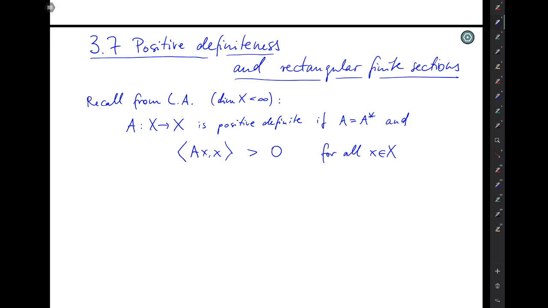The only exception is, of course, the vector x equals 0, because then clearly you get 0 here and 0 here. So this would be equal to 0 then.